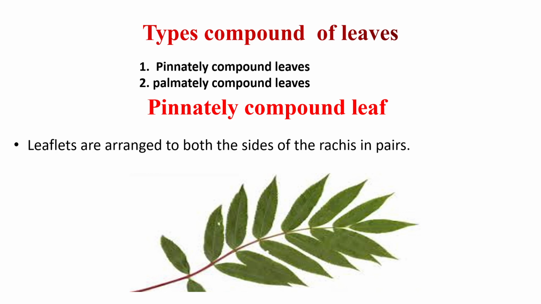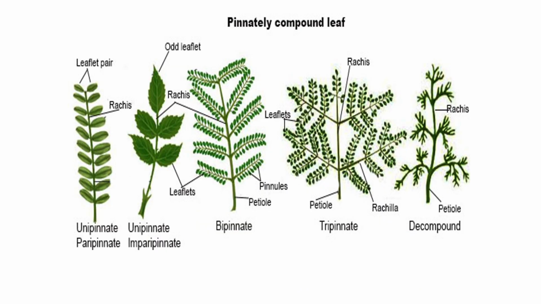In a pinnately compound leaf, leaflets are arranged on both sides of the rachis in pairs. There are four types of pinnately compound leaves: unipinnate, bipinnate, tripinnate, and decompound.